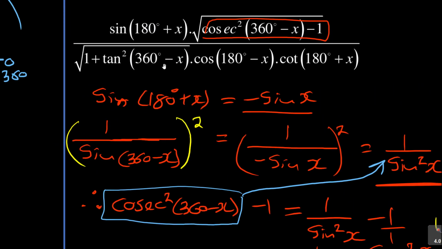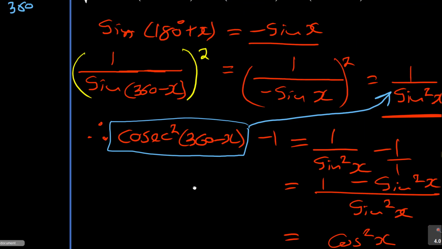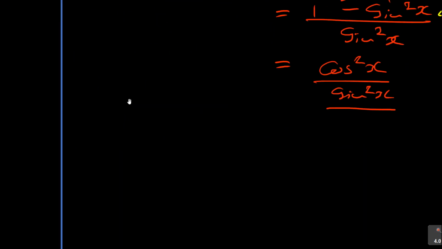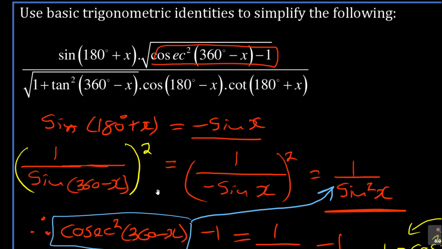Now next one, let's come here. 1 plus tan squared, this is interesting to say actually. This is sec squared, just that I don't have my formulas, but I'm gonna work it in a way. Let me look at 1 plus tan squared of 360 minus x.